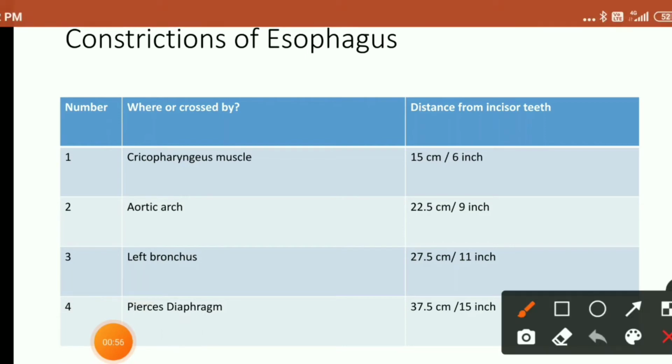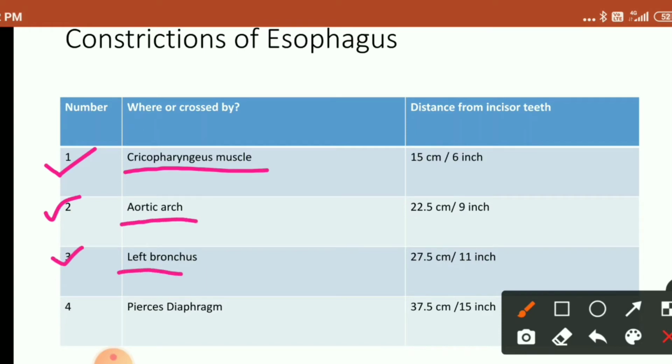So first we focus on the theory part. The first constriction is generated when the esophagus is crossed by the cricopharyngeus muscle. The second constriction when it is crossed by aortic arch. The third constriction when it is crossed by left bronchus, and the fourth constriction when it pierces diaphragm.